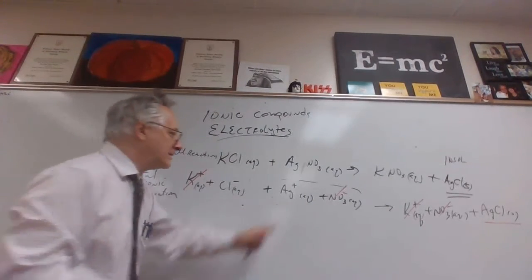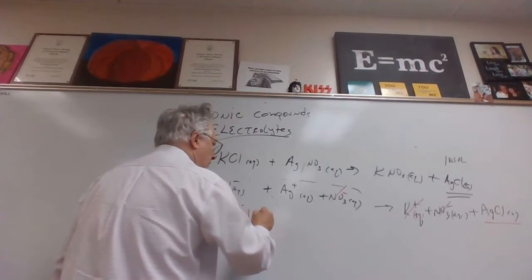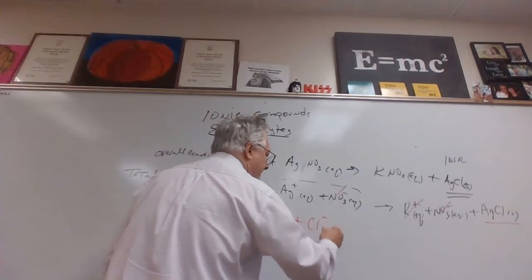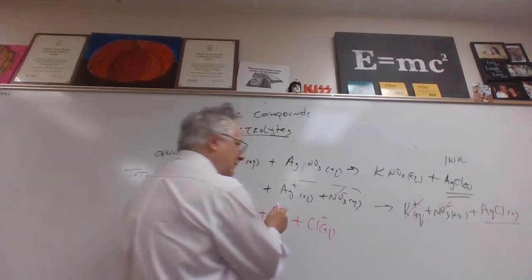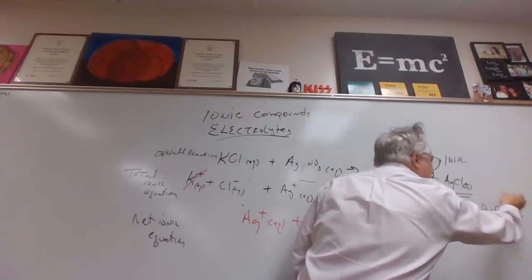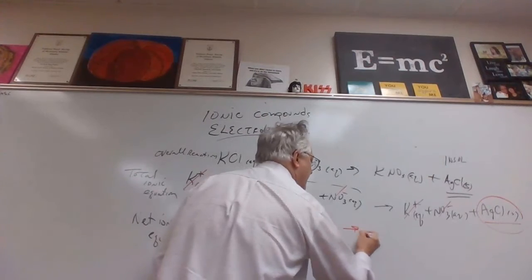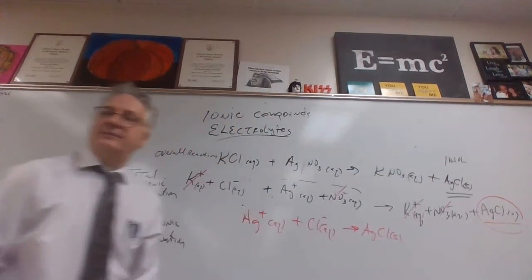But look what happens. If I have silver and chloride, those two are going to get together. And on this side, it's in a whole different form. It's a solid. AgCl is a solid.